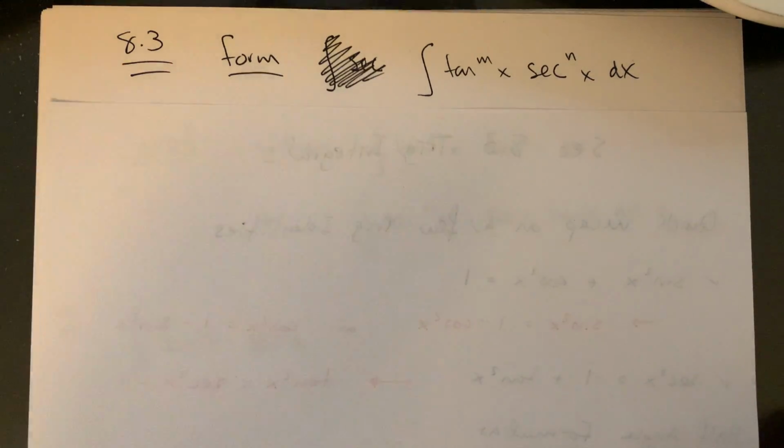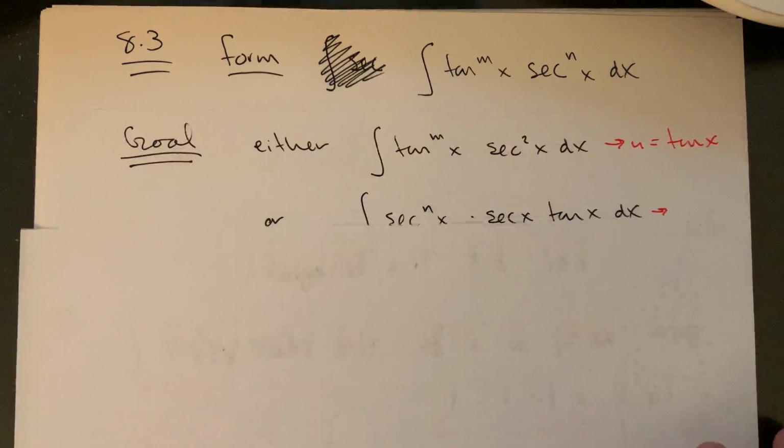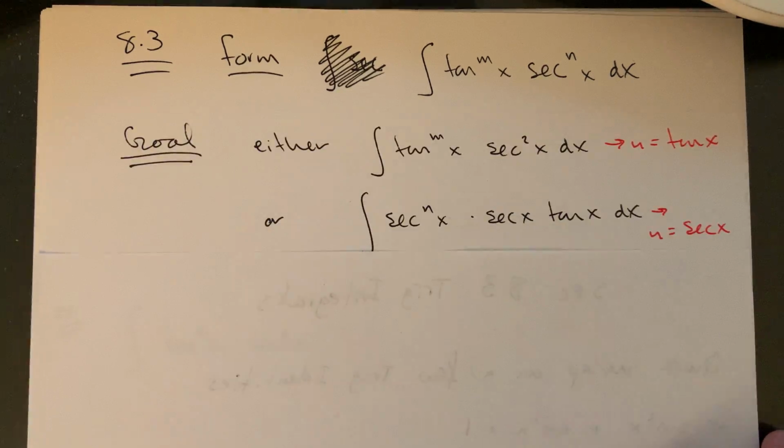So those derivatives mean that when we have something in this form, it affects a little bit what the goal is. In the last section, for sines and cosines, effectively what we wanted was sine to the something times a single cosine, or cosine to the something times a single sine. You want a base function times its derivative.